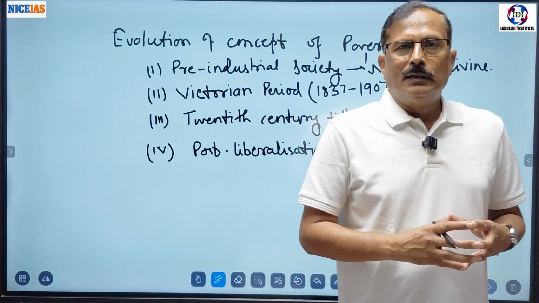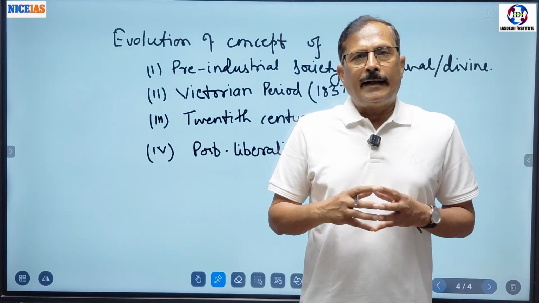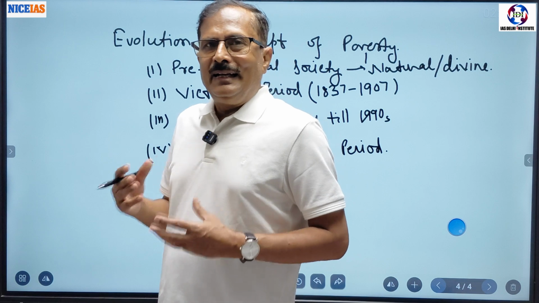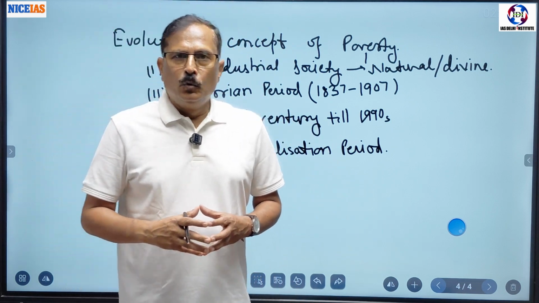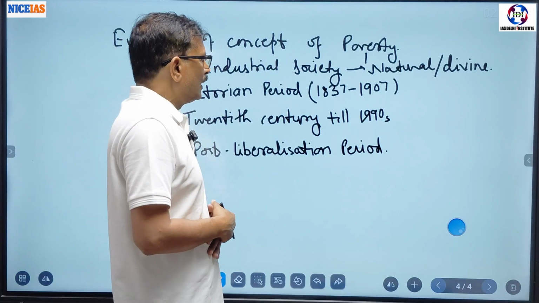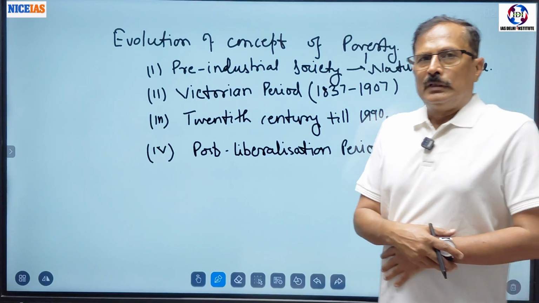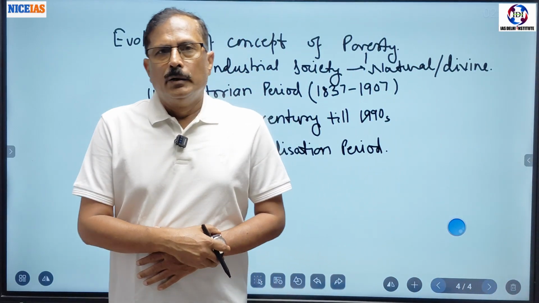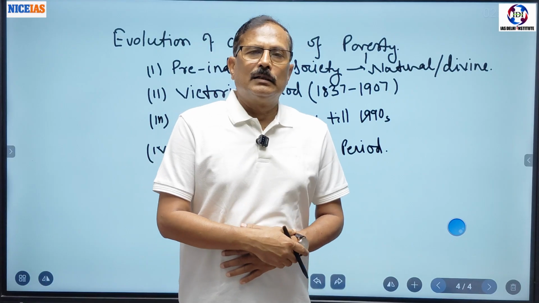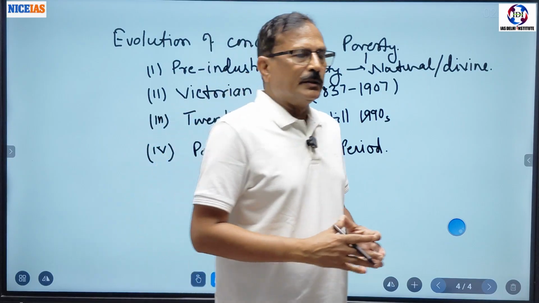Masses are poor because they are dominated, subordinated, and exploited by an elite class of people who own the forces of production or the property. We all know that Marx propounded a revolutionary ideology, and because of that, the labor class started getting mobilized.